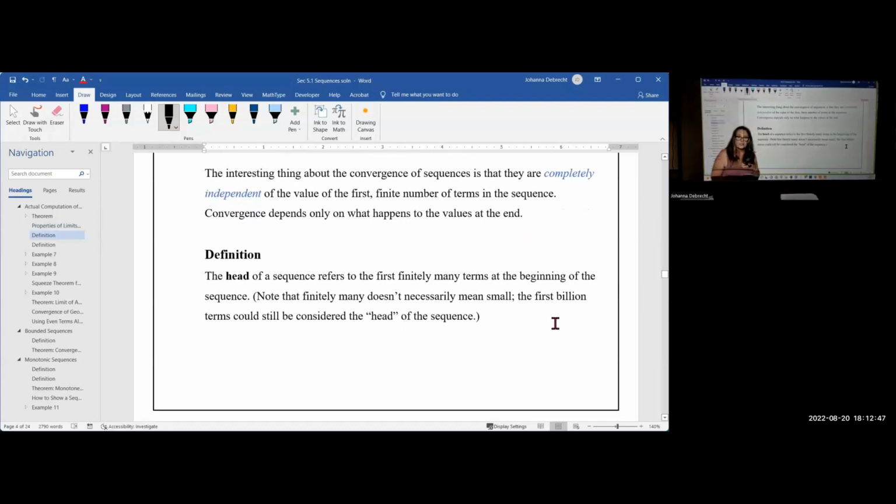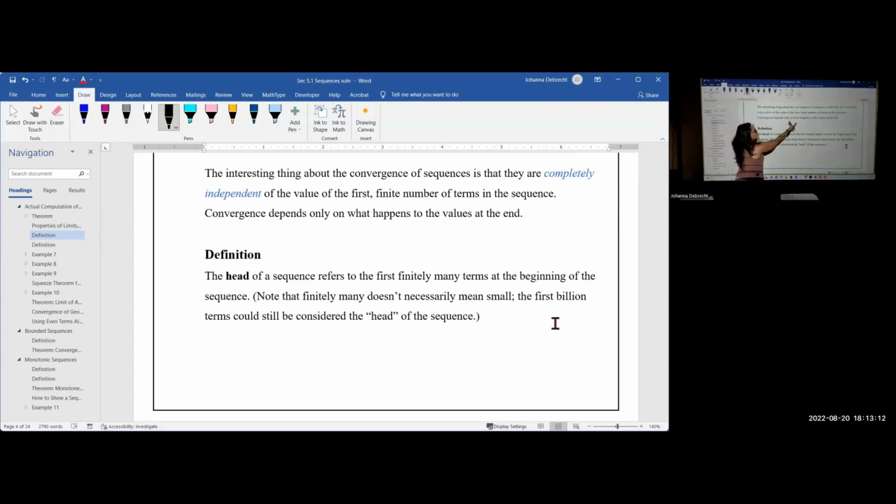One of the most interesting things about sequences and their convergence, whether or not they approach some value as n goes to infinity, is that they're completely independent of the front part of the sequence. So it doesn't matter what the front part of the sequence is. The front part's called the head and the back part's called the tail.